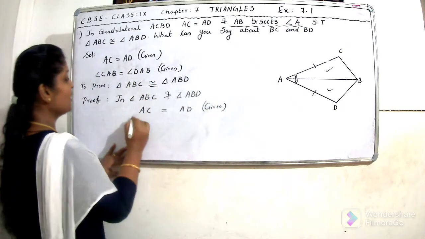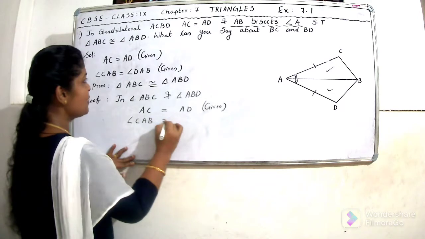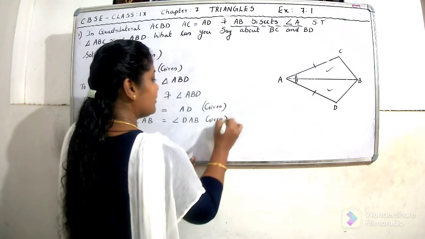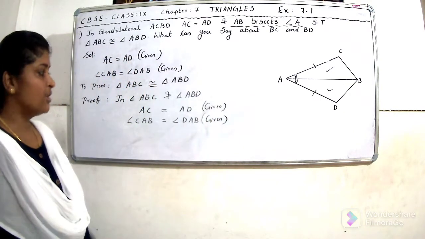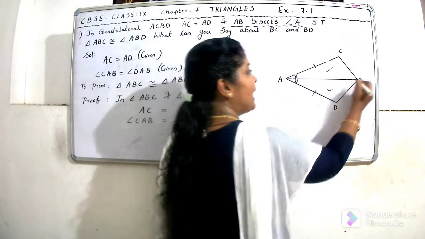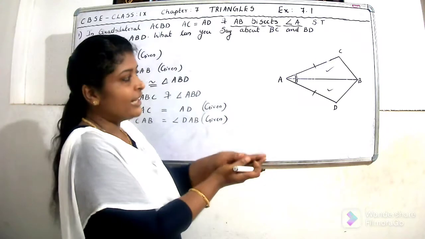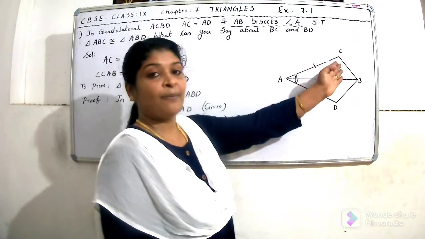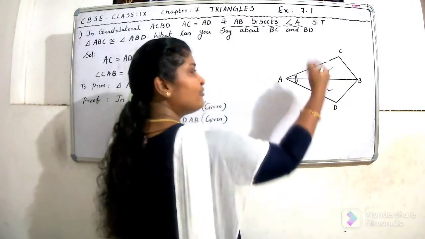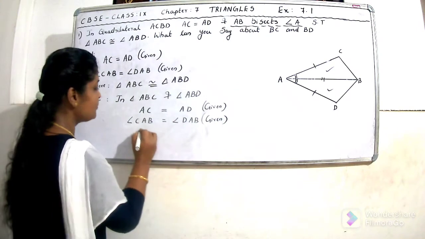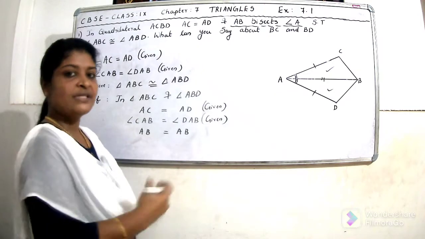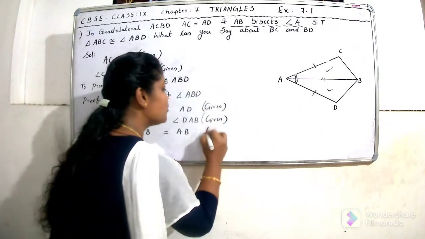Then angle CAB equals angle DAB, given. So two cases we got. Now we need one more. In these two triangles, the side AB is a common part, common to the upper triangle and the bottom triangle. So we can take AB equal to AB. The line segment AB is equal for both triangles. What is the reason? Because it is common.